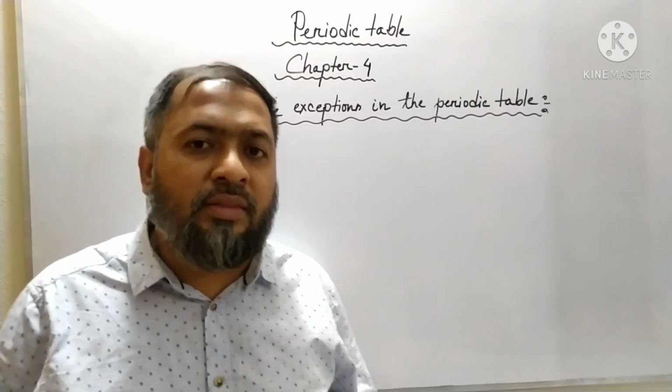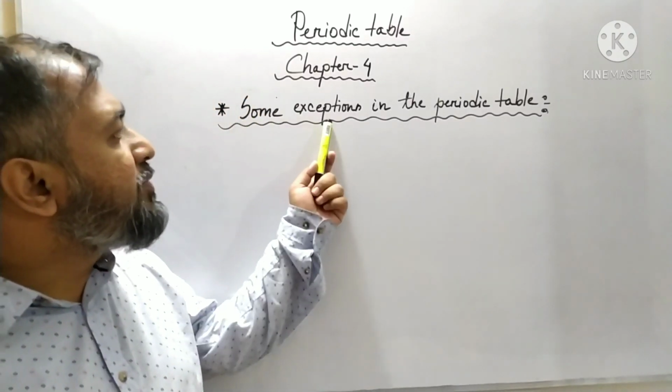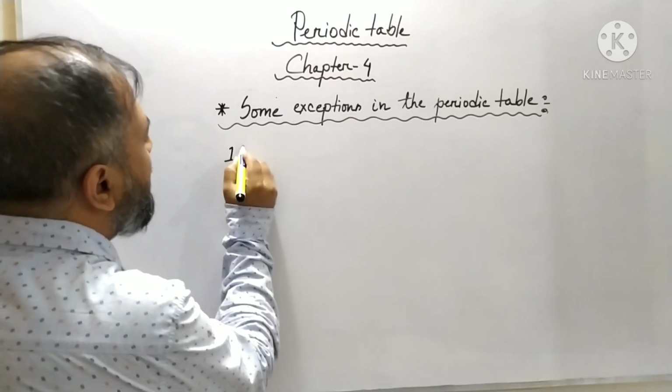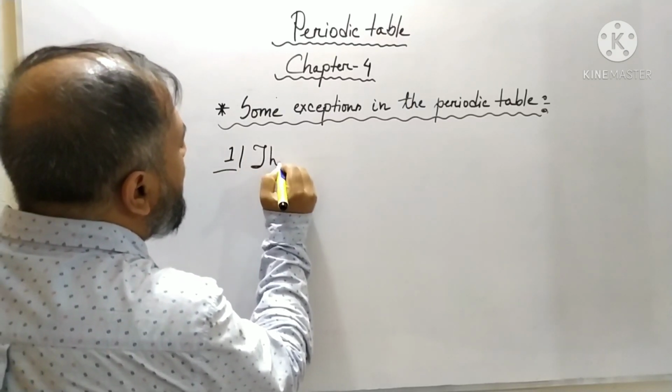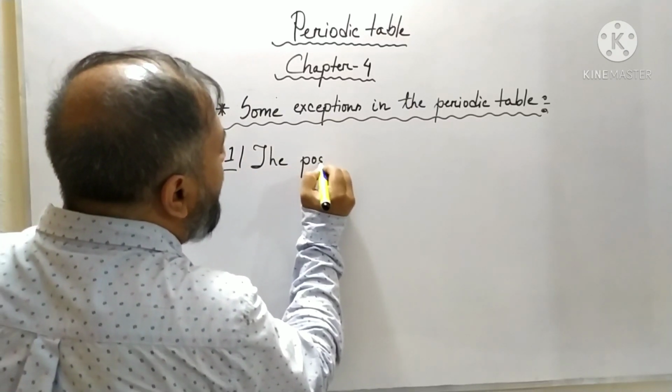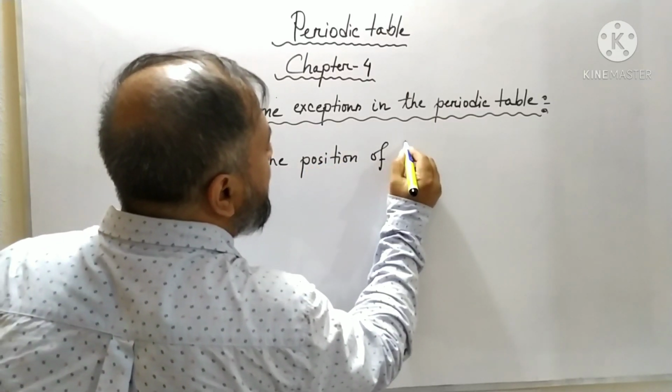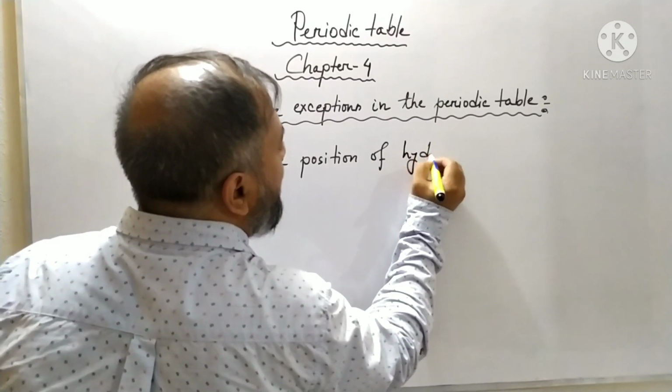Students, come to the third topic, some exceptions in the periodic table. The first exception is the position of hydrogen.